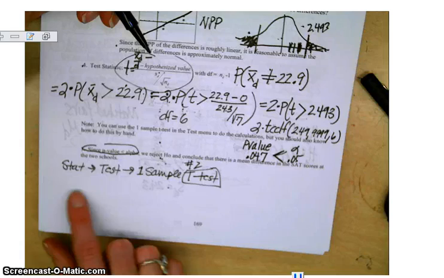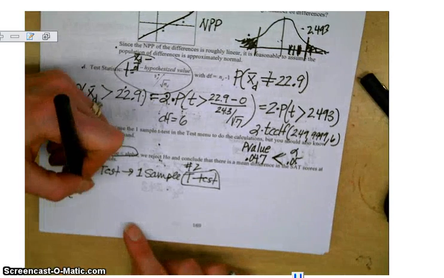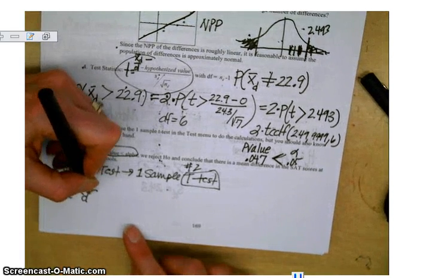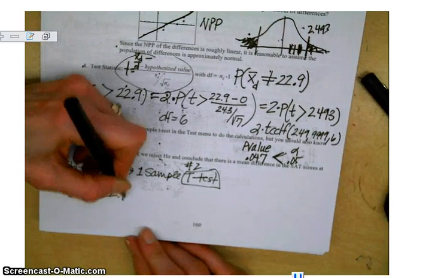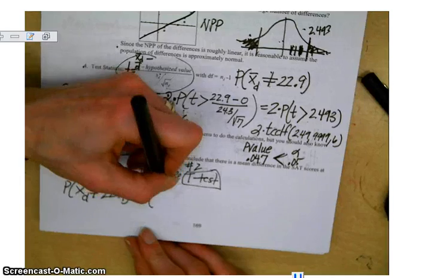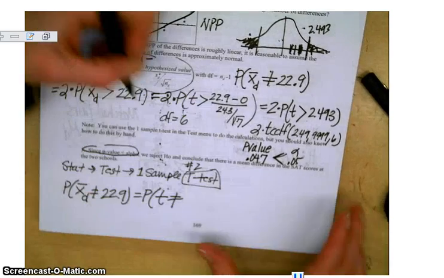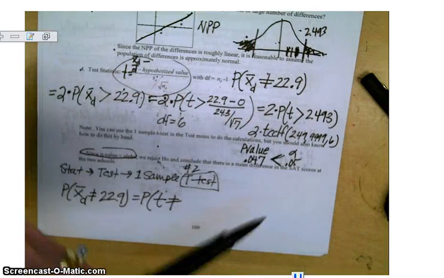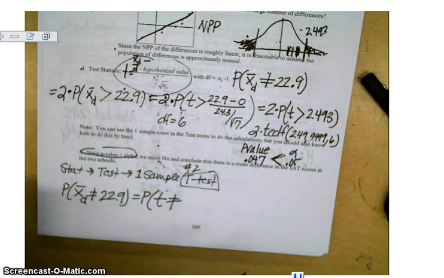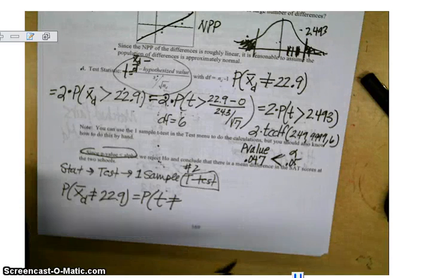And so if you're going to do it on your calculator, you still need to say the probability that the mean difference is not equal to 22.9 is equal to the probability that t is not equal to. Okay, then you need to go here and say, well, my t was, I did something wrong. So stat tests, t-test.